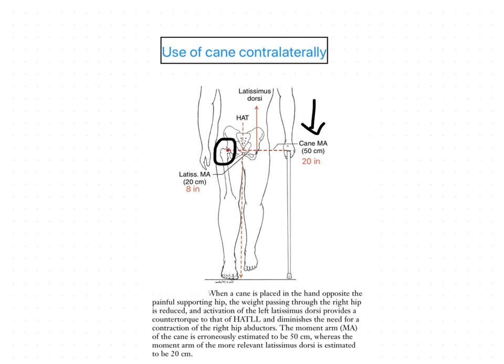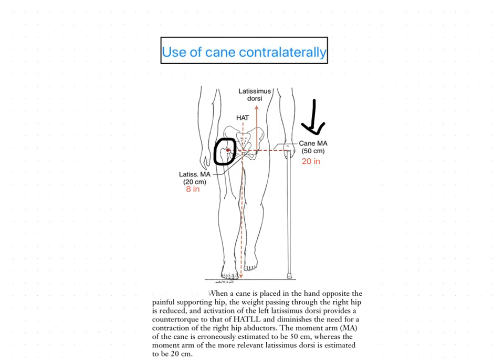So in addition to relieving some of the superimposed body weight, the cane is now in a position to provide a counter torque to the torque of gravity. Already in the previous session we calculated the gravitational adduction torque of 500 inch lb for a body weight of 125 lb.